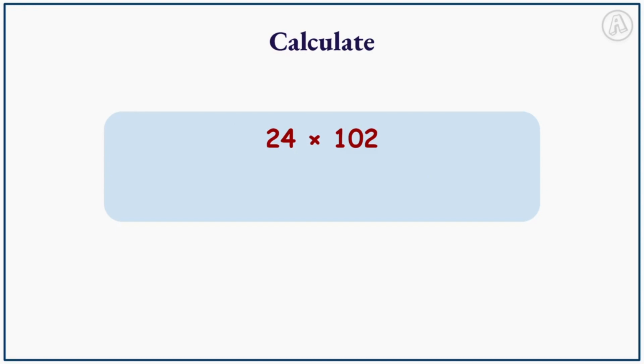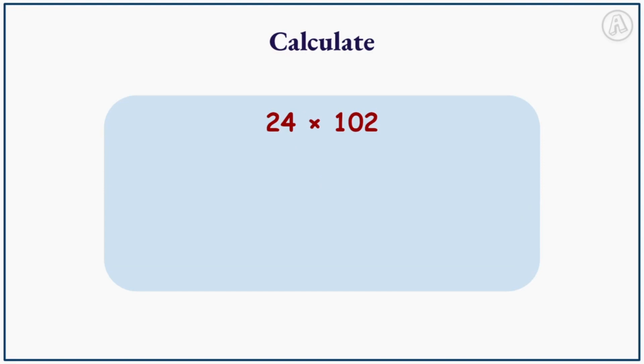24 times 102. If we calculate this, our answer will be 2,448. But this might be a bit tricky to calculate. So if we use our knowledge of the distributive property, we can make this calculation a bit easier. We could rewrite it in the following way. 24 times, inside the brackets, 100 plus 2.